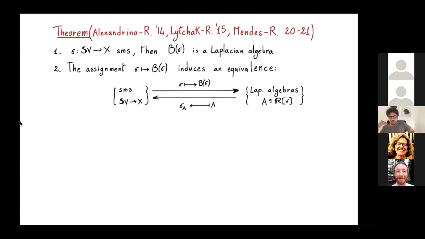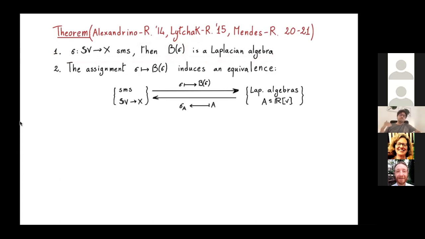And essentially, the results of all of these can be summarized in a few points. First of all, the moment you have a spherical manifold submetry, then the corresponding algebra of basic polynomials is a Laplacian algebra. So it has the two properties I was mentioning before.